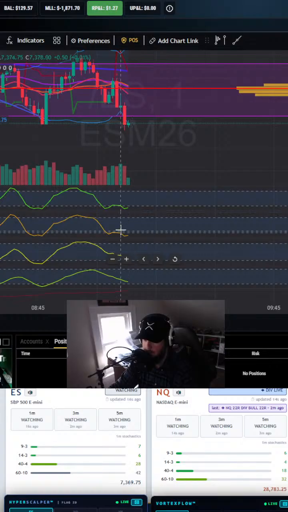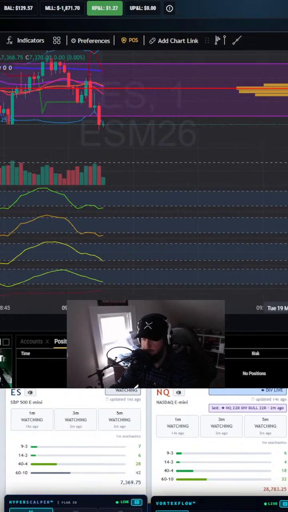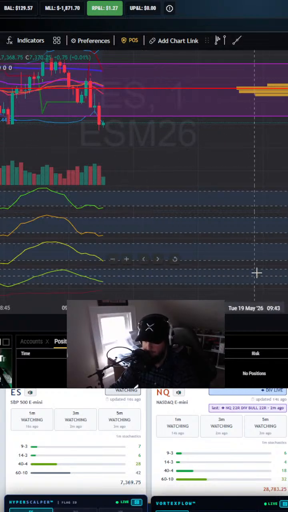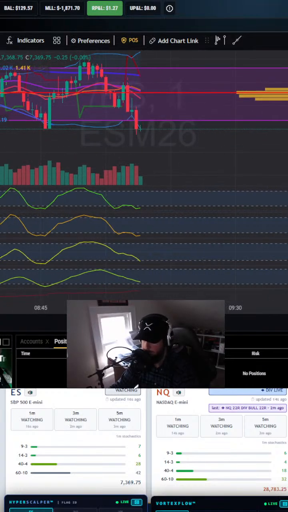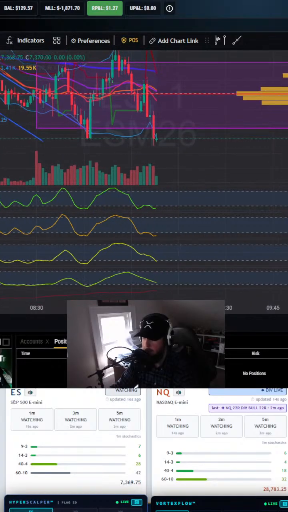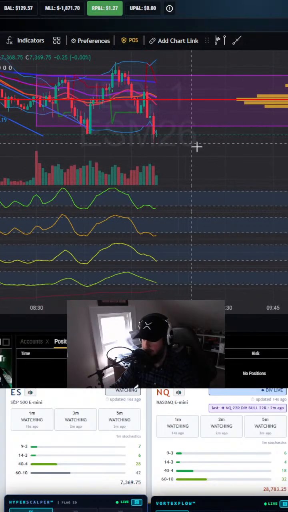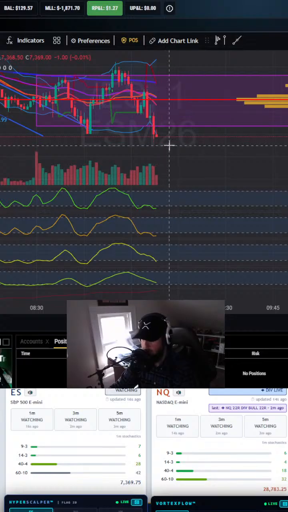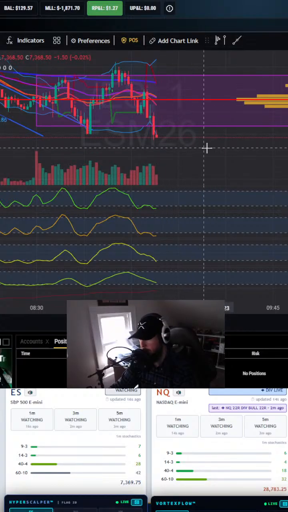Okay. So these two are primed for a bullish reversal. I'd feel a lot more confident if there was another red candle. We consolidated for like 2-3 minutes and then we went back up.